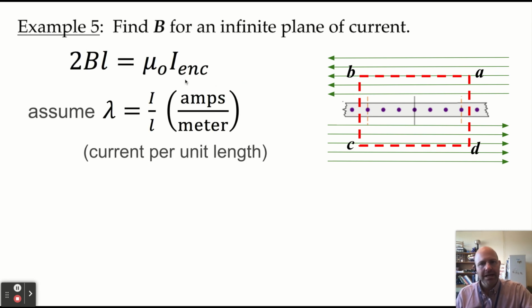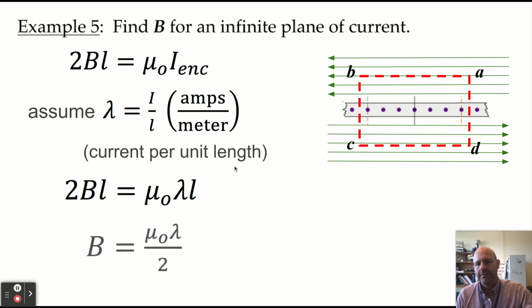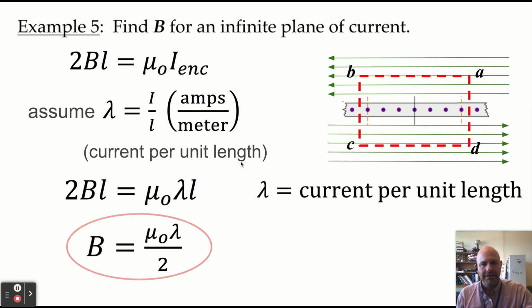In this case, because of the way this current density is listed, a lambda, current per meter, you can write current as lambda times the length of the wire or of the loop, and you get mu naught lambda over 2, which is a constant, which is pretty interesting, right?